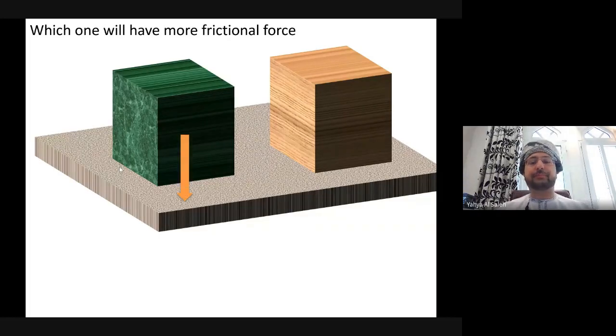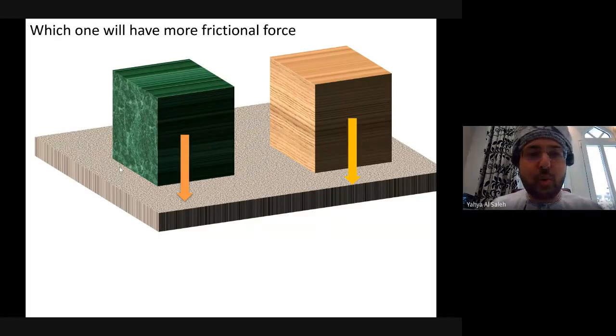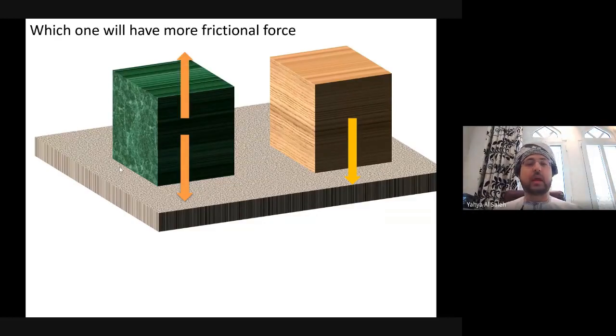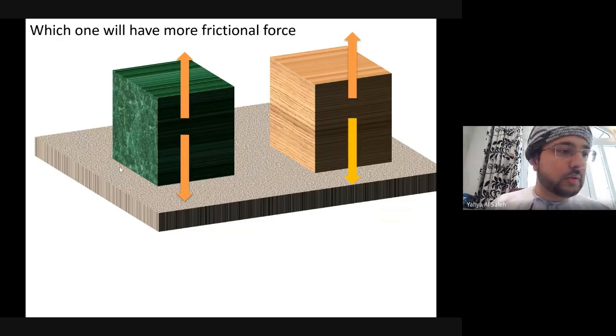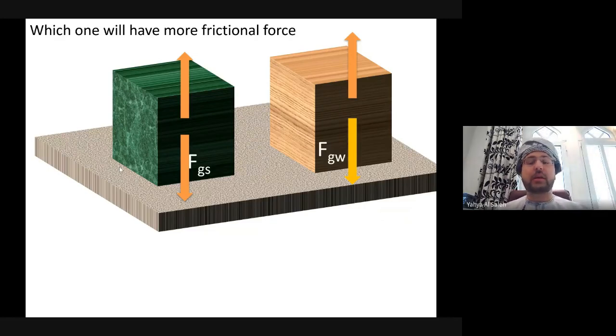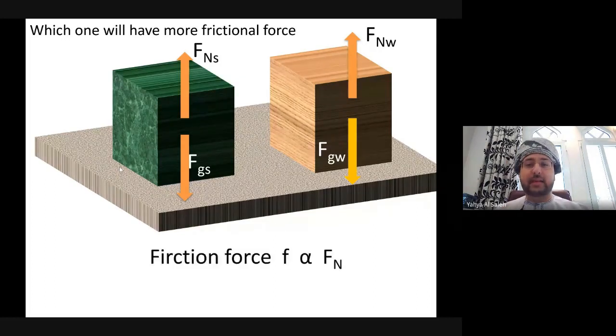So how do we know which one has more frictional force? There's a way to quantify it, but on a very, very basic scale, we say frictional force is always proportional.